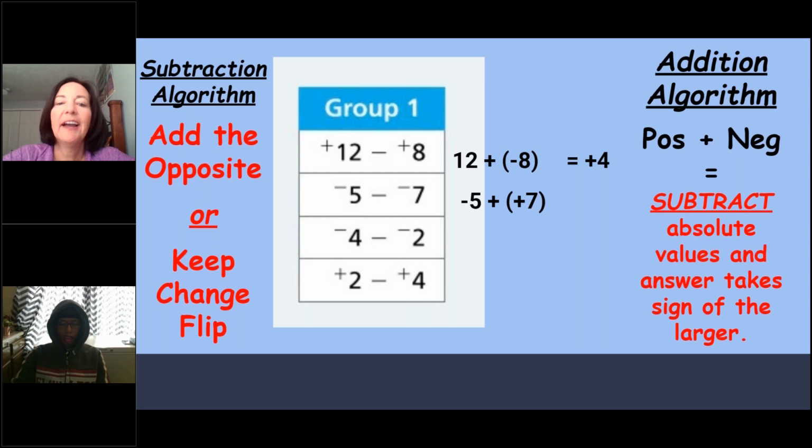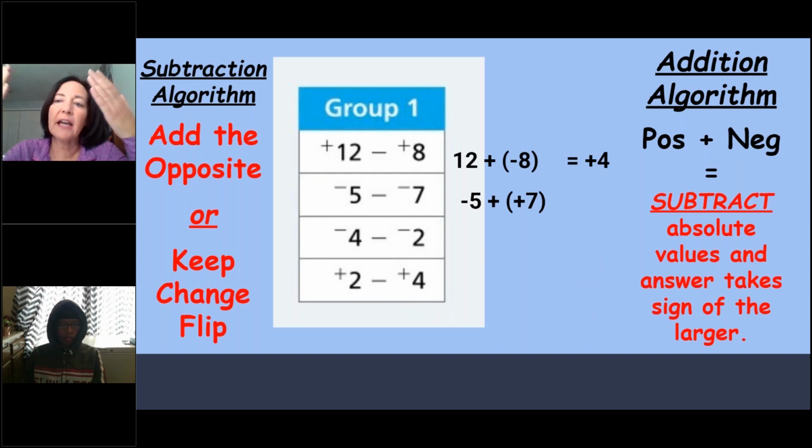Perfect. You're close. The signs are different. We have a -5 and a +7. And can you see over here on the far right side of the screen, I have the addition algorithm.